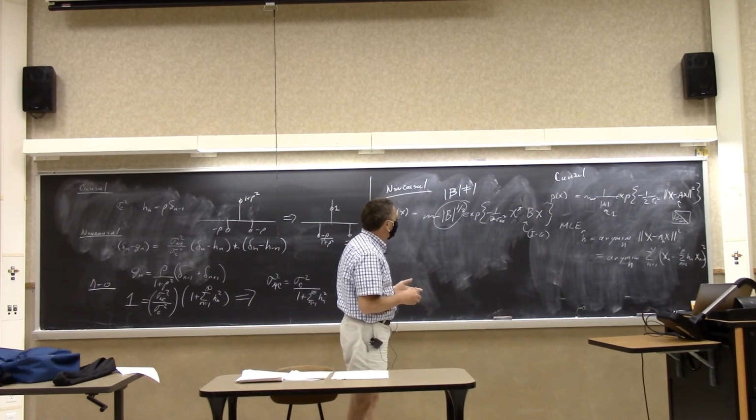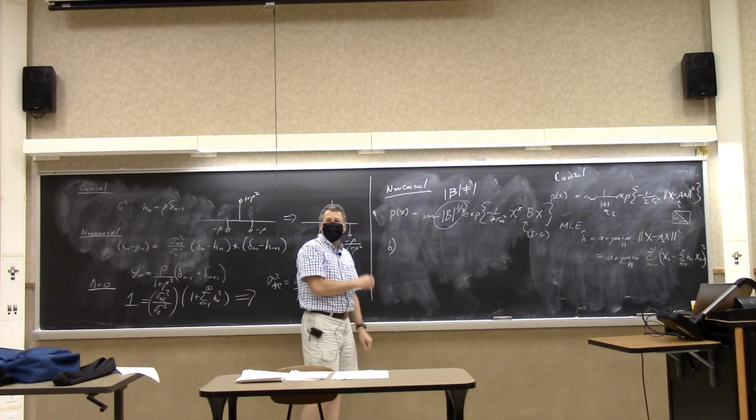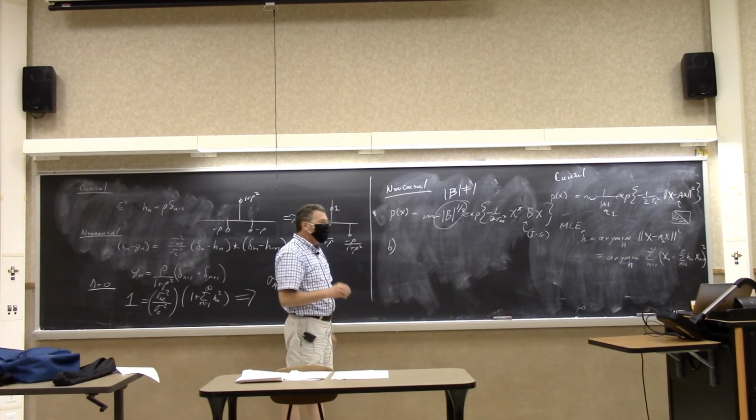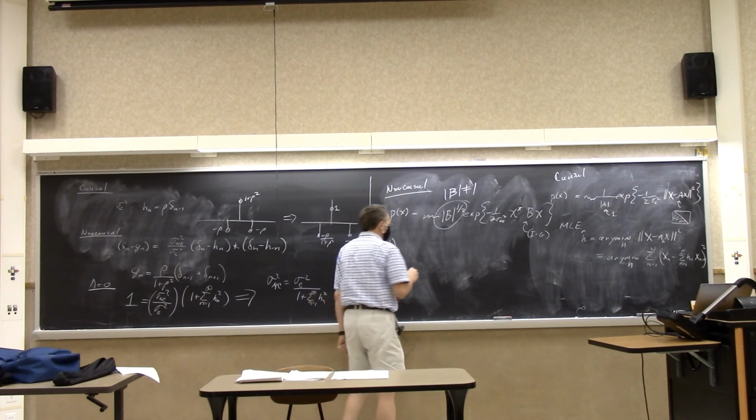But the other answer to the question, so the next part B of the question, is this. One might think, and early on in this field, people used to do crazy stuff like this.